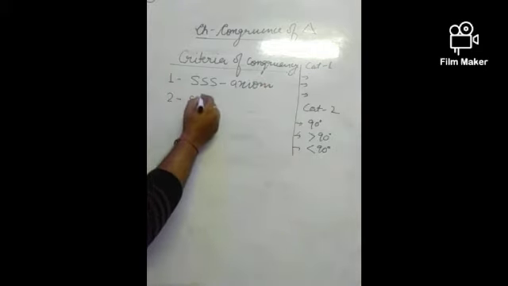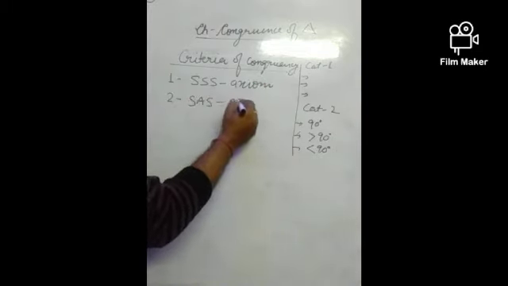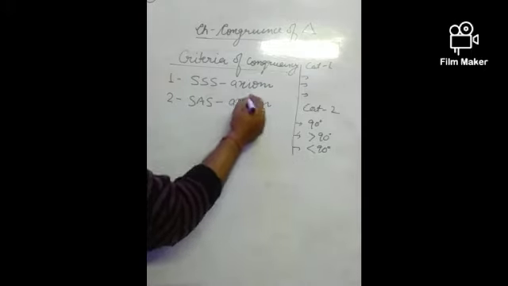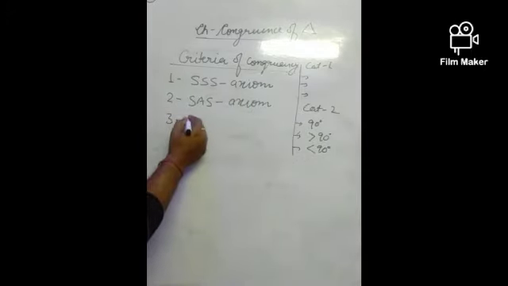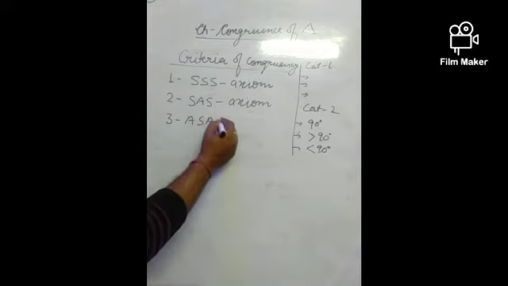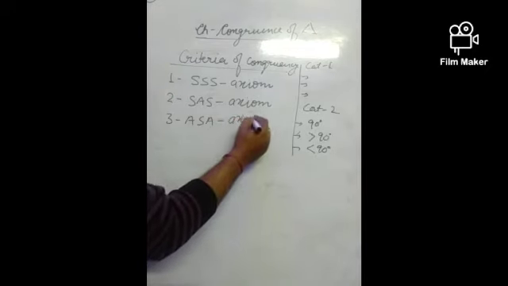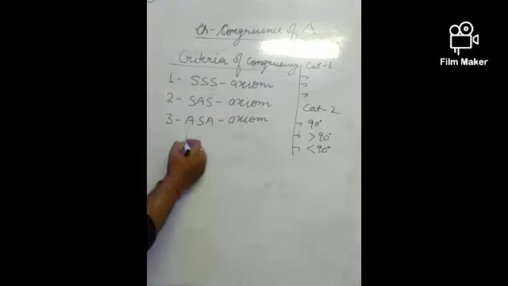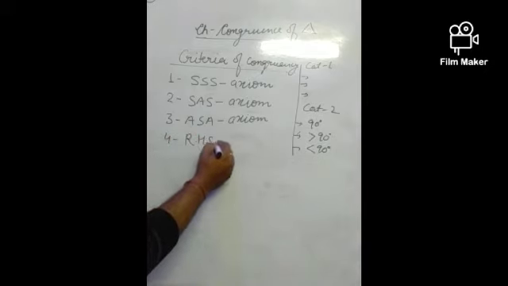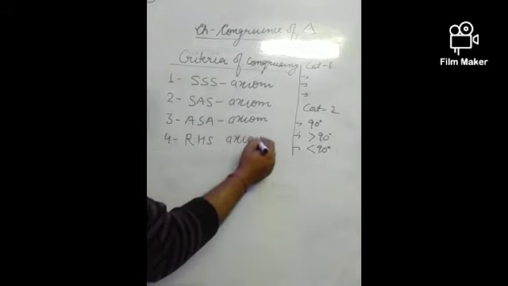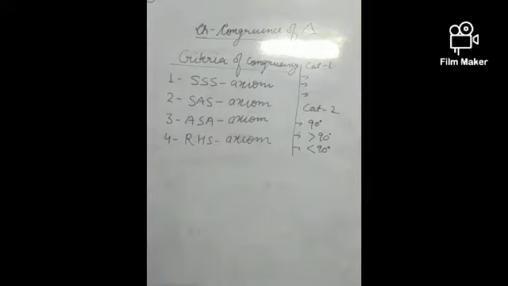Second one, side angle side axiom. Third one, angle side angle axiom. And fourth one is the RHS axiom, right? These are the four main axioms, that is, criteria for a pair of triangles to be congruent triangles.